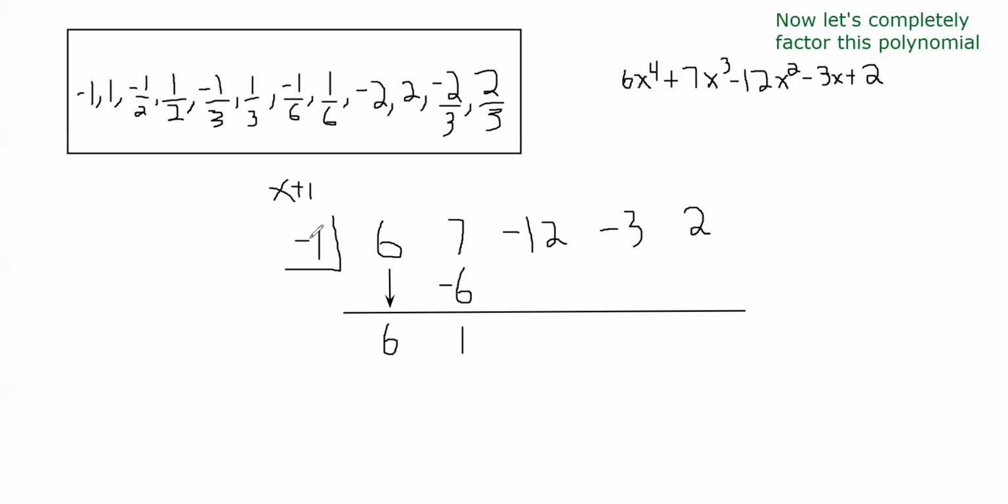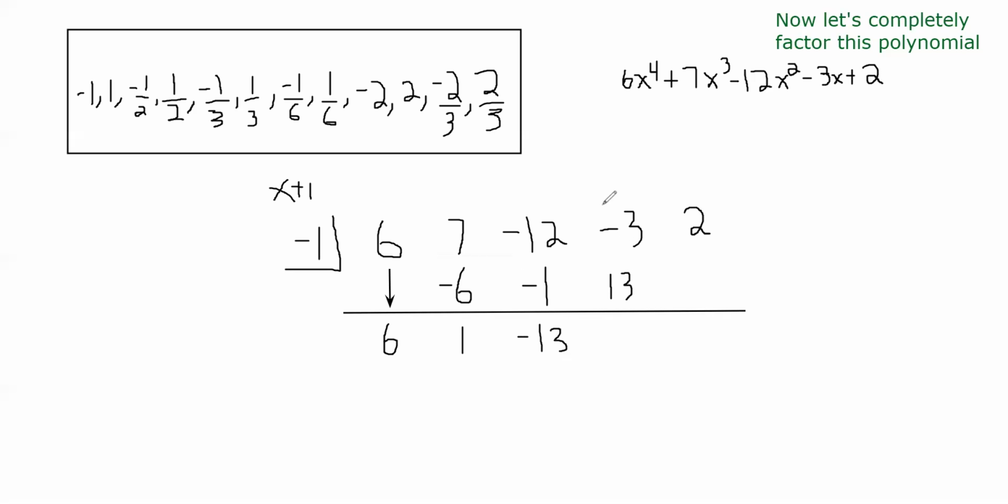Then we keep rolling. We do -1 times +1, we get -1. -12 plus -1 is going to give you -13. Multiply again, -1 times -13 gives you +13.